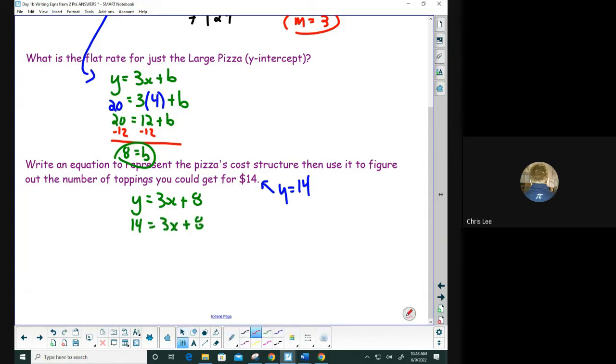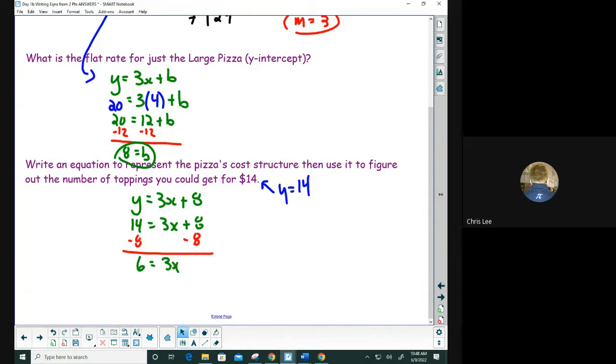We've been doing this algebra all year. How do I get x by itself? Subtract 8. And again, it matches the logic. $14, $8 goes towards the cost of the pizza. How much are you left with? 6.